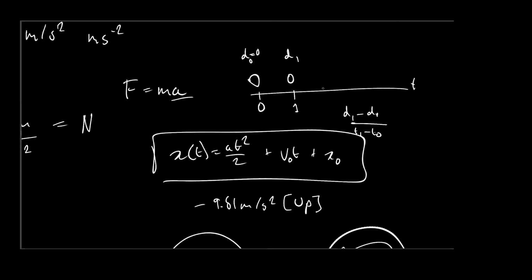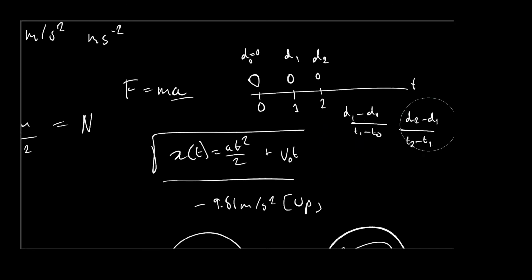And then we let it keep going, up to 2 seconds, and then we take d2, and we say it's d2 minus d1 over t2 minus t1. Let me get rid of this equation, you're taking up a lot of space.